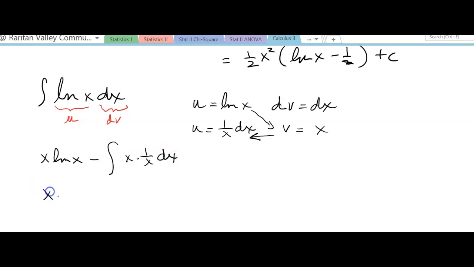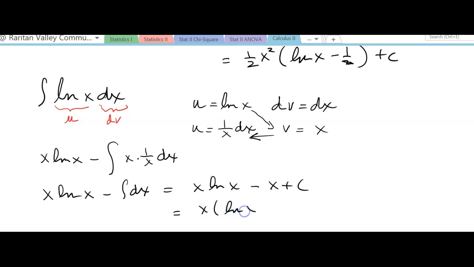So that's going to be x ln x minus the integral of dx, which equals x ln x minus x. Another way you will see that written is x times ln x minus 1.